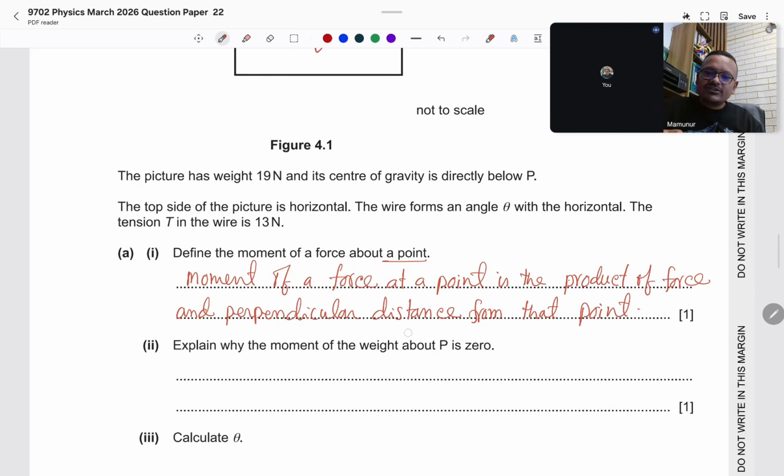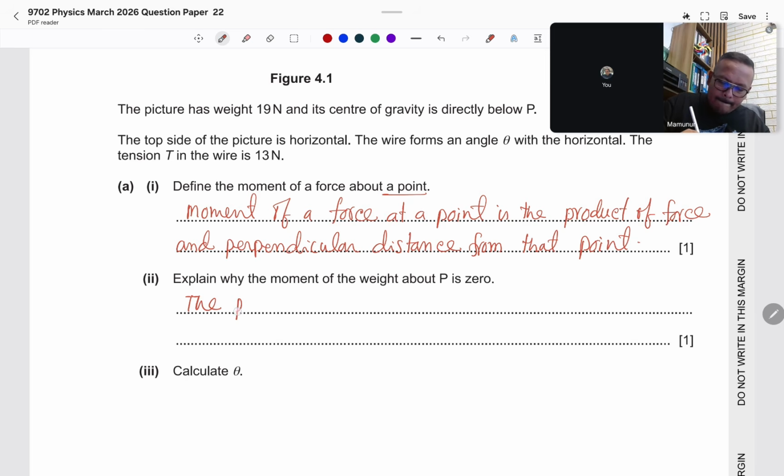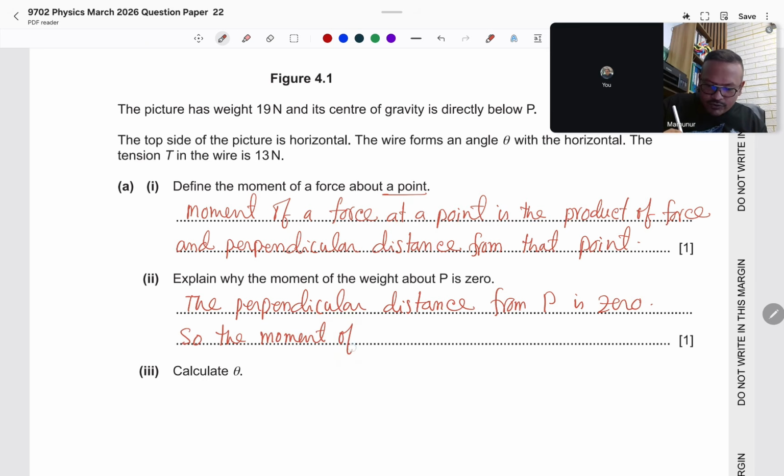So here we write that the perpendicular distance from P is 0, so the moment of the weight about P is 0.